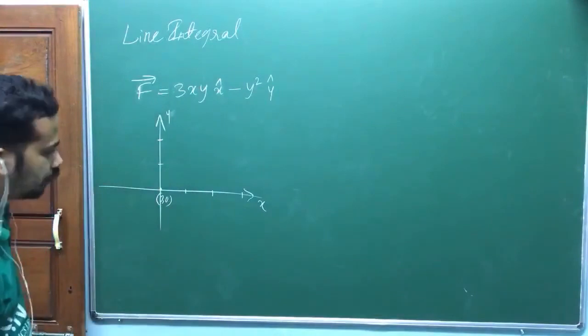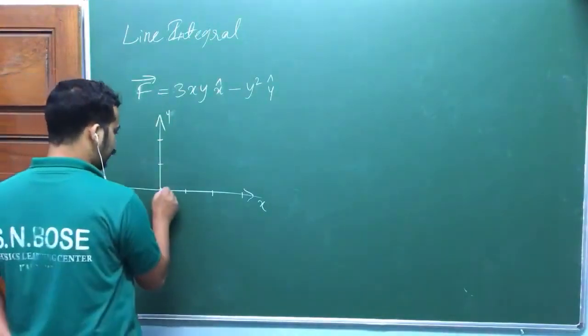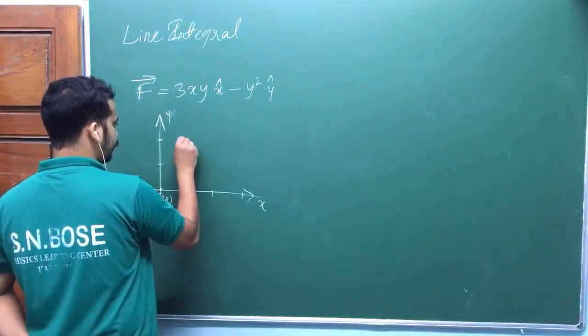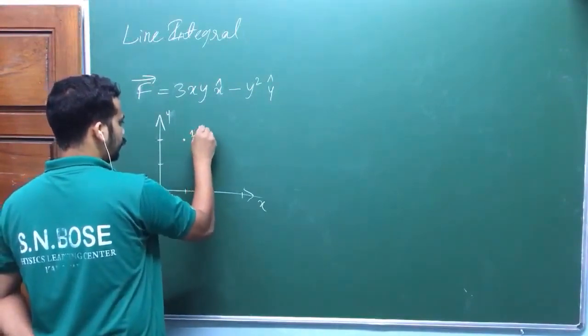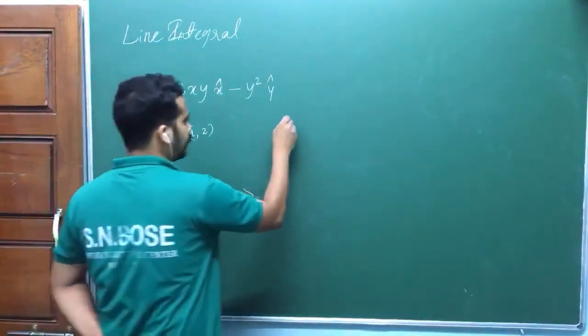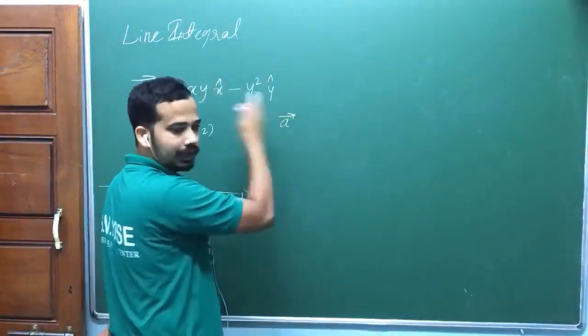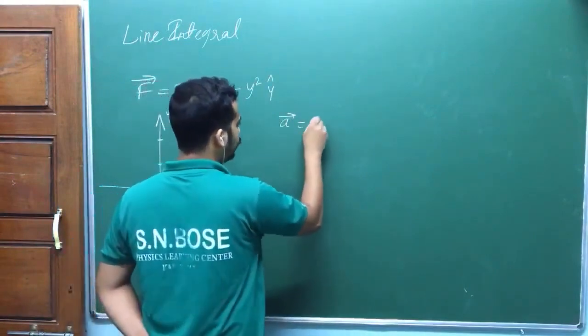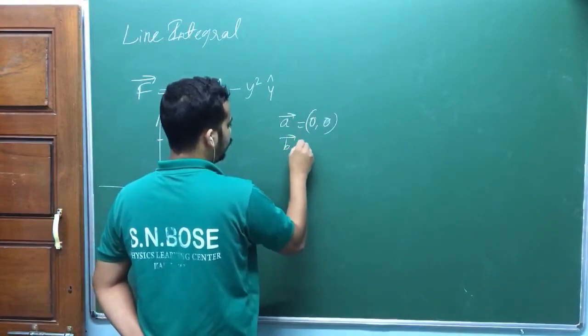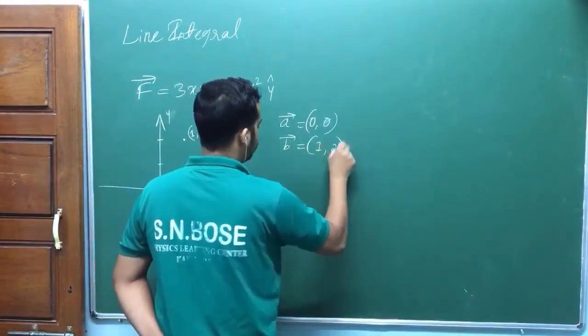What is 1, 2? X is 1, Y is 2. This is 1, 2. Now I'm going to do the line integral of this field. The initial point is 0, 0, and my final point is 1, 2.